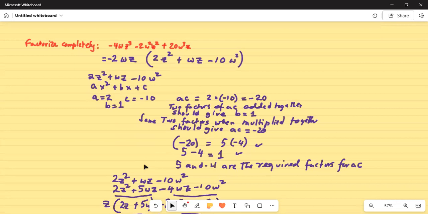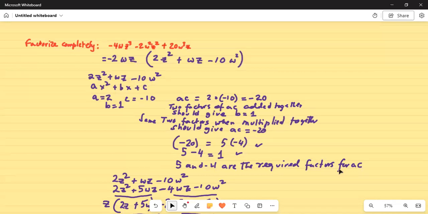These two factors are 5 and -4, because 5 times -4 is -20, and 5 minus 4 is 1, which is the coefficient of wz.